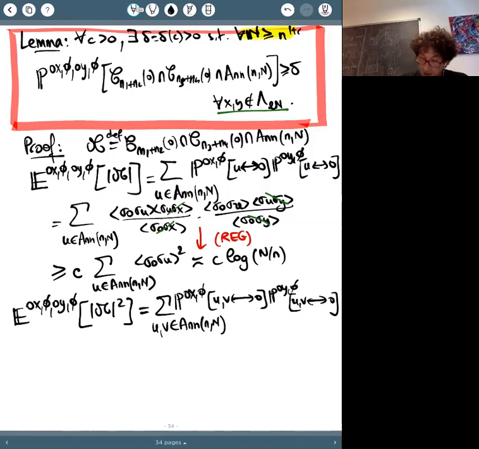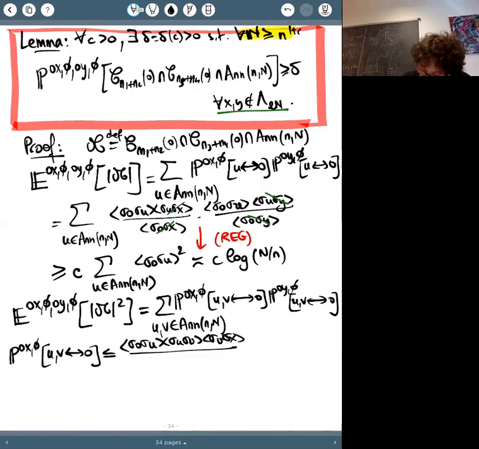Okay. So here, you need to estimate not only the probability that one point is connected to 0 in the sum of two currents, but the probability that 2 points are connected to 0. And this, we looked at it, and it happens to be that you can prove the following quite nice formula, I would say, which is that this is smaller than sigma 0, sigma u, sigma u, sigma v, sigma x, divided by sigma 0, sigma x, plus the same thing when you invert v and u.